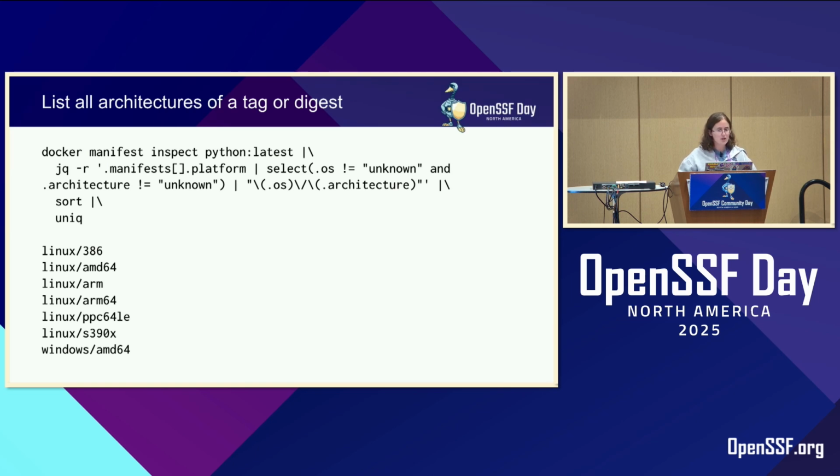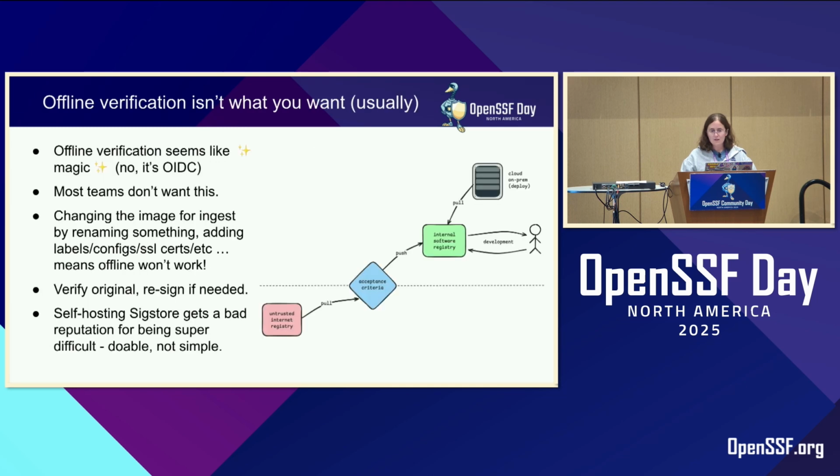Handy dandy little bit of shell script here to print out a list of manifests. So again, it's jq piping to sort and unique. And then my last little tidbit here is offline verification isn't usually what you want.